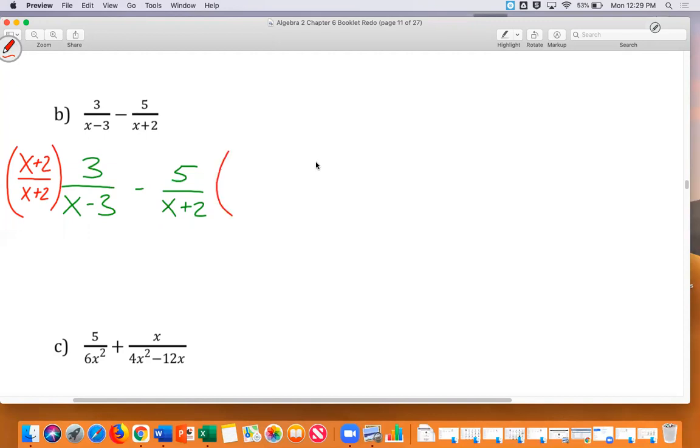Well, I have the x plus 2, but I'm missing x minus 3. So I'm going to make the common denominator by multiplying by the expression that's missing. On the left, I had x minus 3, so I multiply by x plus 2. On the right, I have an x plus 2, so I multiply by x minus 3. Does that kind of make sense to you? Just a little bit.